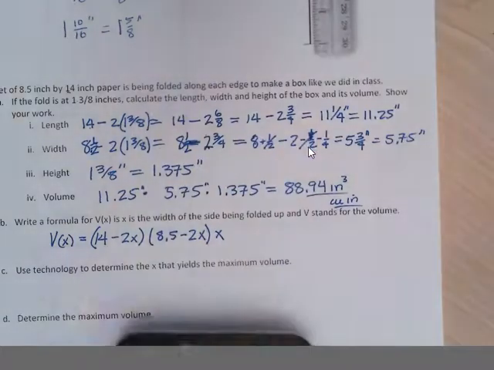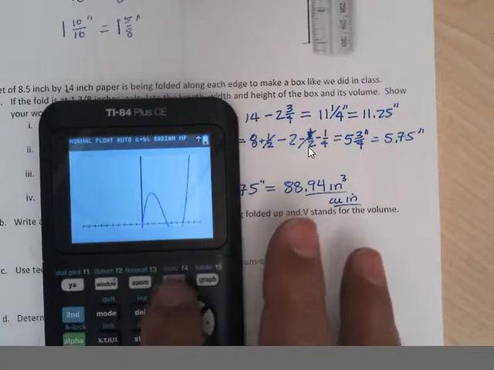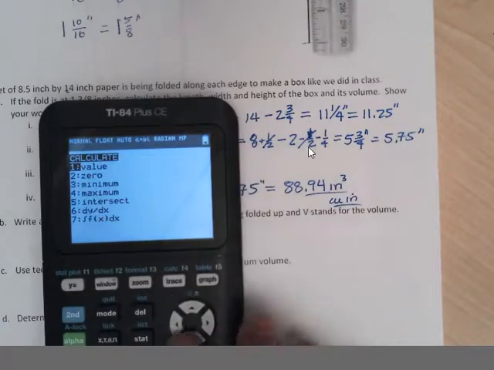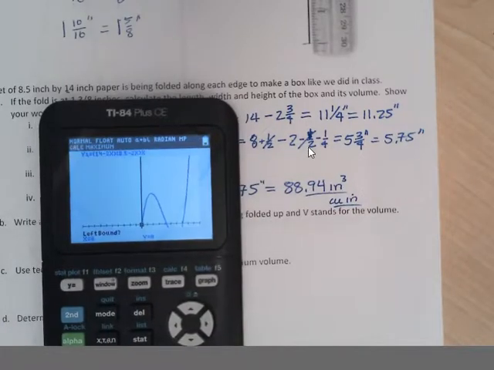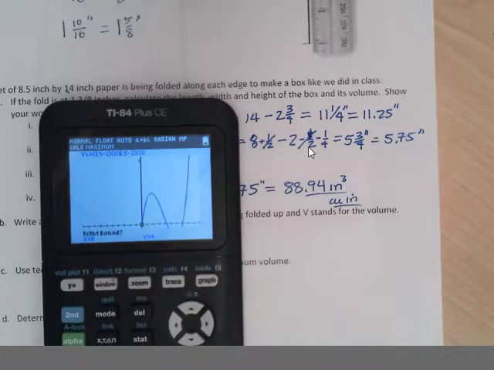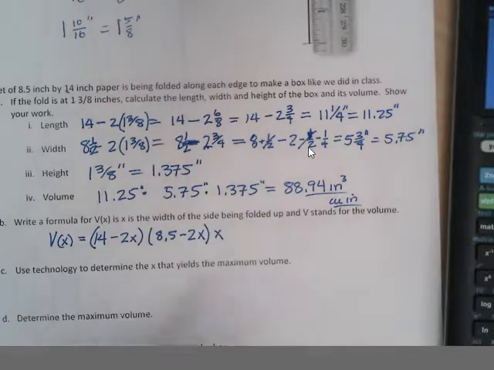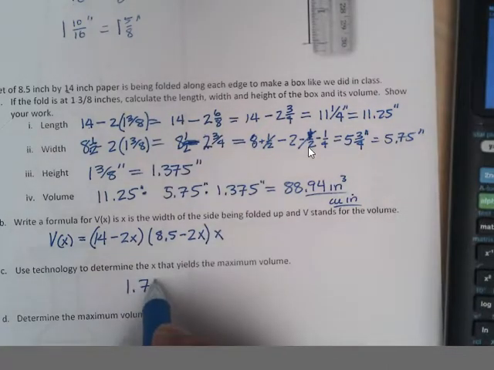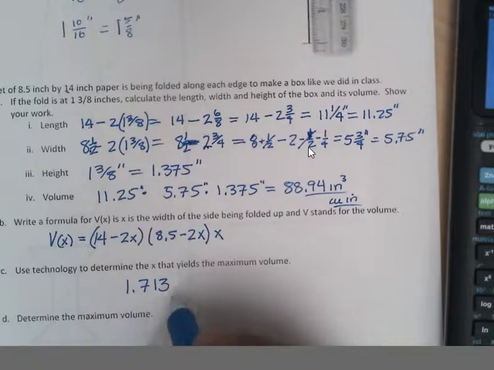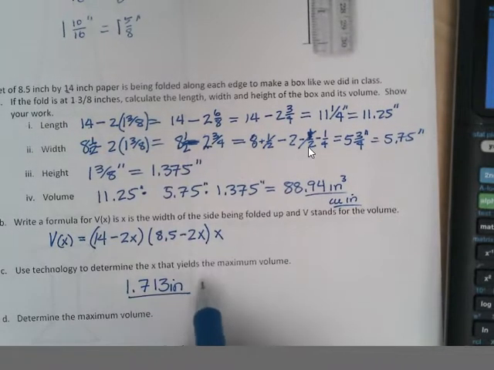Okay. What's the x that gives the maximum? So second, calculate the maximum, and that maximum is somewhere between 0 and 4. 0, enter, 4, enter, and my guess is 2, and it says 1.713. 1.713 inches, since this is in inches, for the height that we fold up.